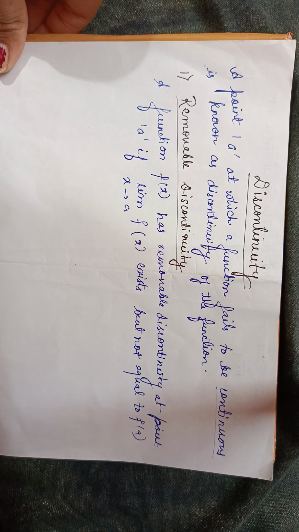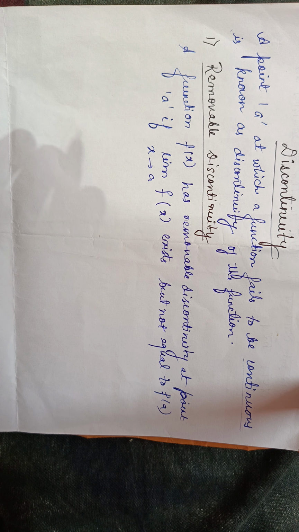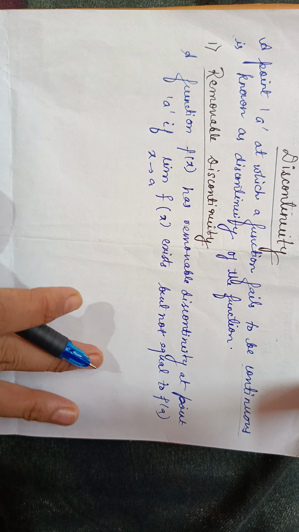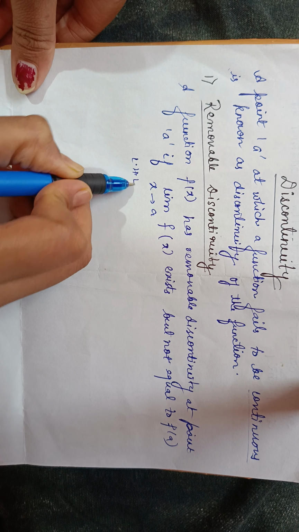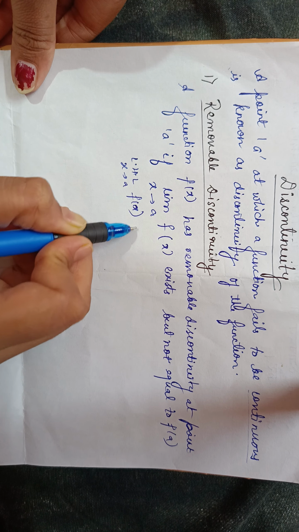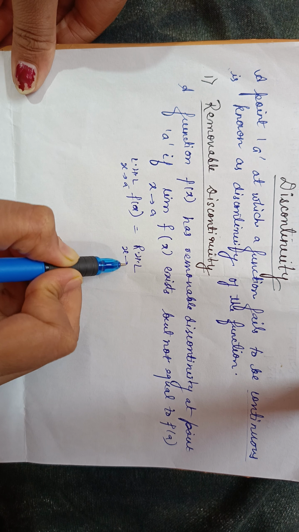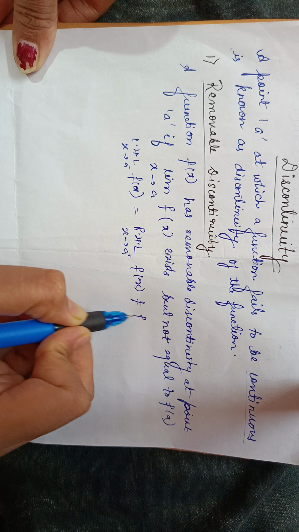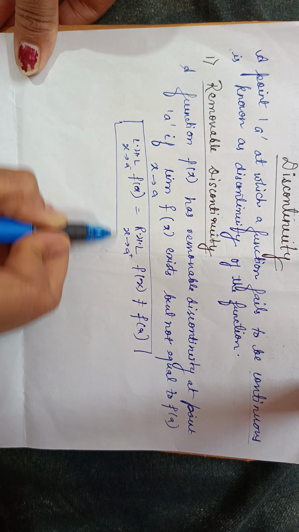Okay, what does this mean? This means that the right hand limit and the left hand limit of a function exist but are not equal to its functional value. That is, the LHL as x tends to A of f(x) is equal to the RHL as x tends to A plus of f(x), but does not equal f(a). So this is known as the removable discontinuity.